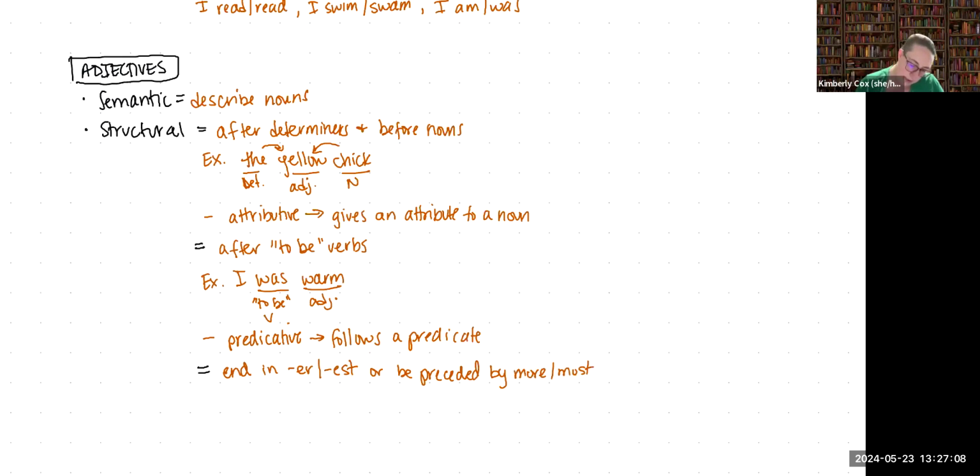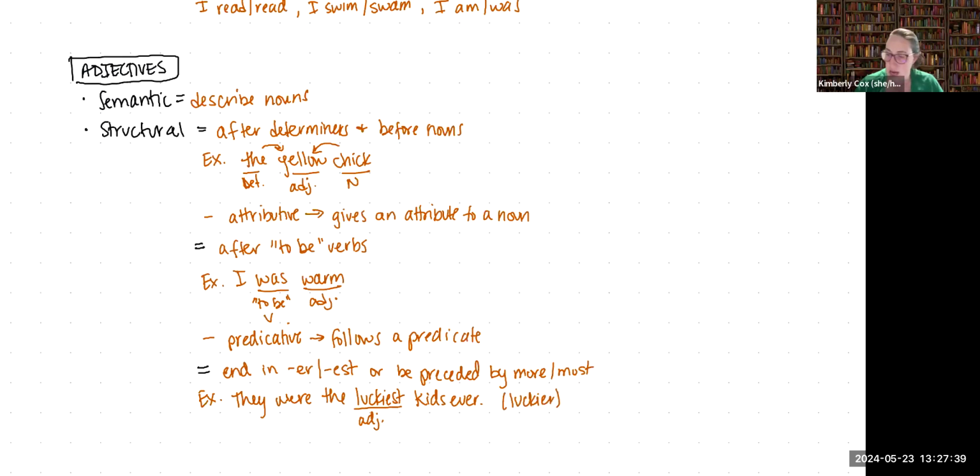And let me once again give you a couple of examples. They were the luckiest kids ever, right? Luckiest here functions as an adjective. I can also say luckier, right?